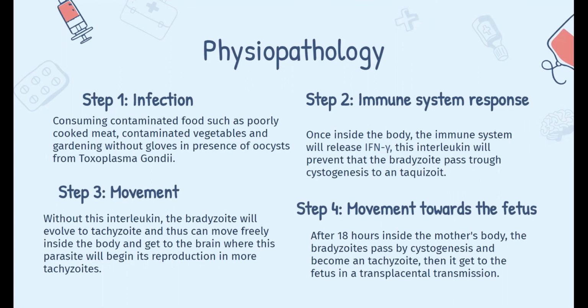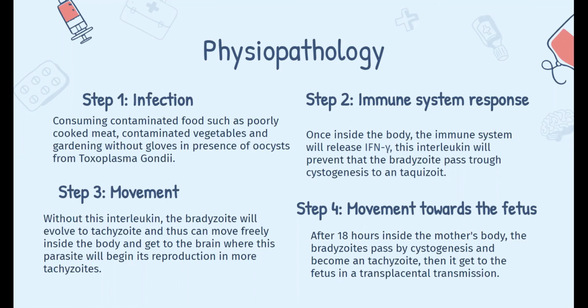Then step 2 is the immune system response once the Toxoplasma gondii is inside the body. The immune system will release interferon gamma. This interleukin will prevent the rhabdocytes from passing through cystogenesis to a sarcocyte.